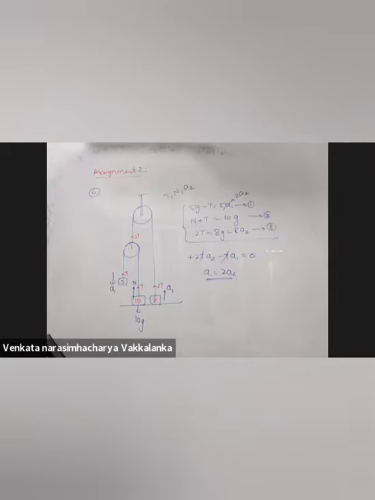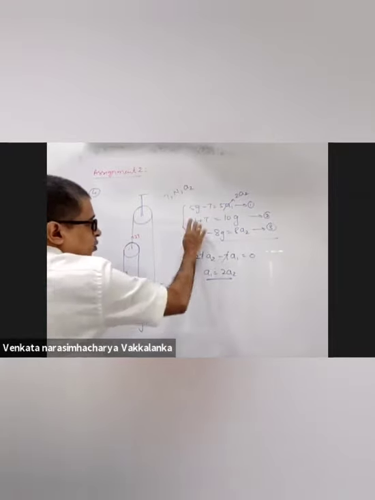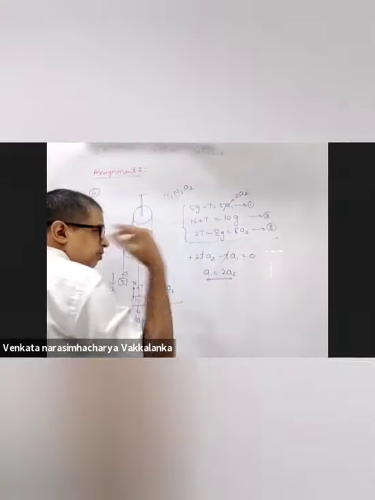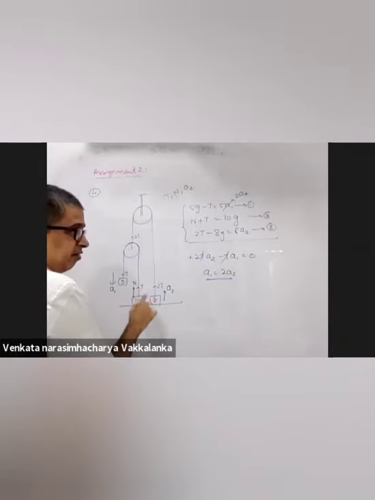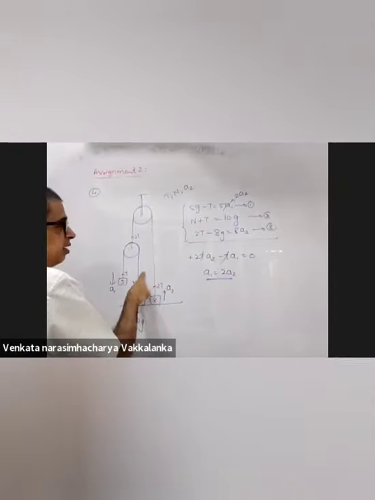Sir, if the normal force for the 10 kg block would come as negative or zero, would it make a difference in the answer? If it is 0, I have no problem. Tension is 10G, problem is over. But if normal force turns out to be negative, it implies this is accelerating upwards.